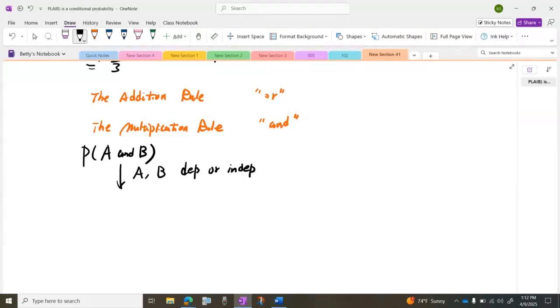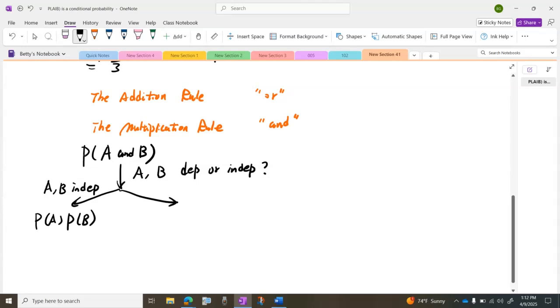If A and B are independent, then P of A and B is P of A times P of B. Find the probability for each of the two events and multiply them together. Multiplication is the operation we apply.